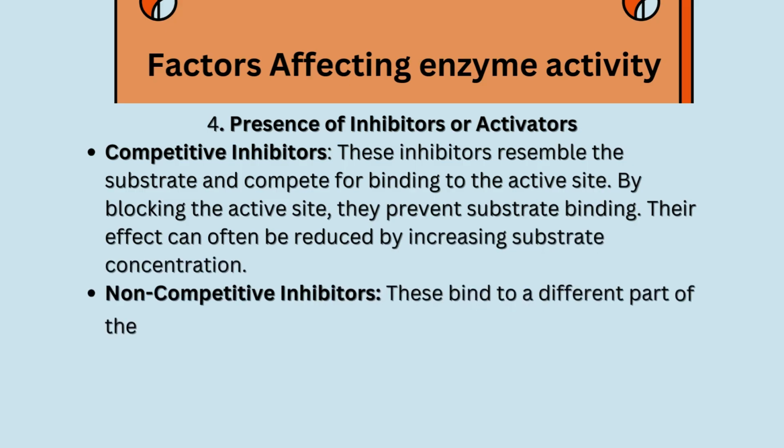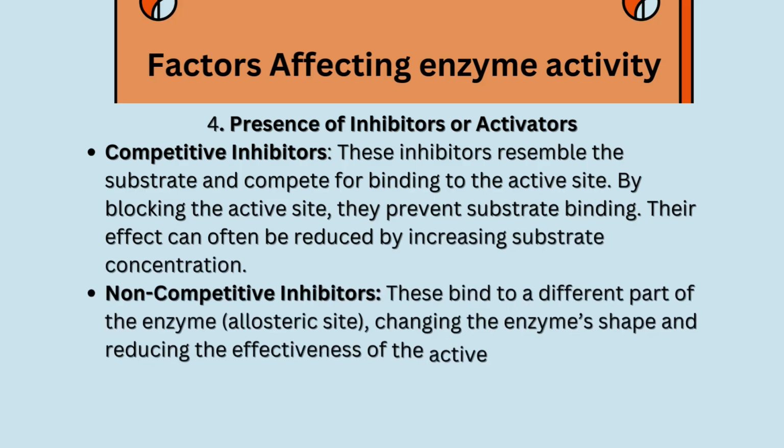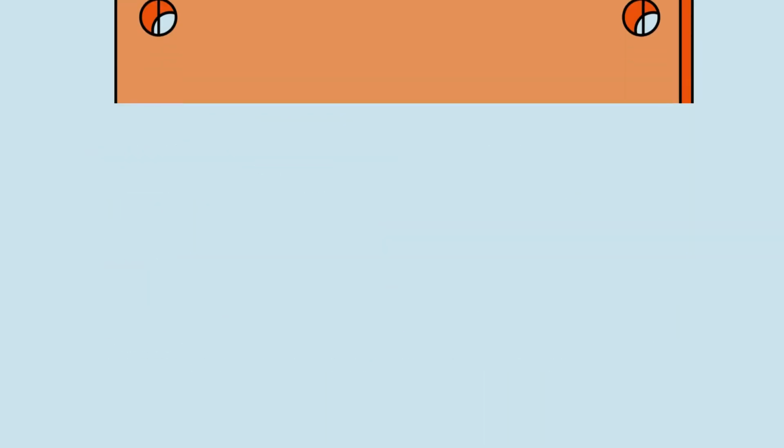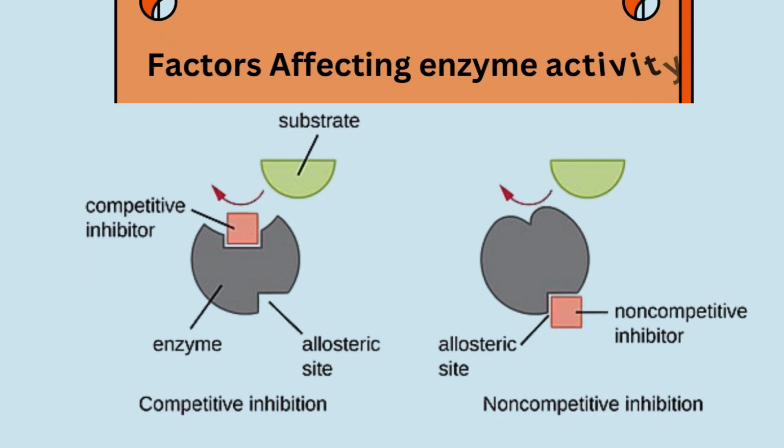If the enzymes are inhibited due to the presence of molecules which occupy the active site due to their similarity in structure and shape to the substrate, they are called competitive inhibitors, and the phenomenon is called competitive inhibition. Competitive inhibition is temporary and can be reversed if the concentration of the actual substrate is increased above the concentration of inhibitor molecules.